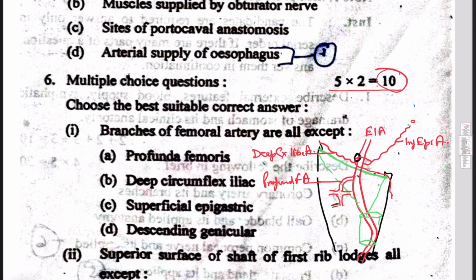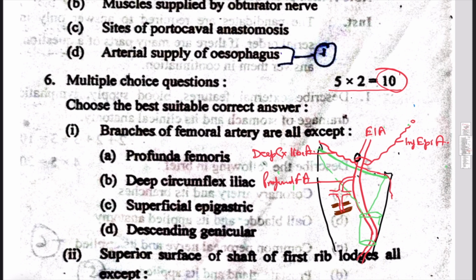Remember, it will descend down because it's not symmetrical. There is less space. You have to keep understanding what I'm telling. The course will be like this. So this profunda femoris artery will reach towards the medial side and will descend between two muscles. The gap between the two muscles provides the passage for the profunda femoris artery to enter the medial compartment.